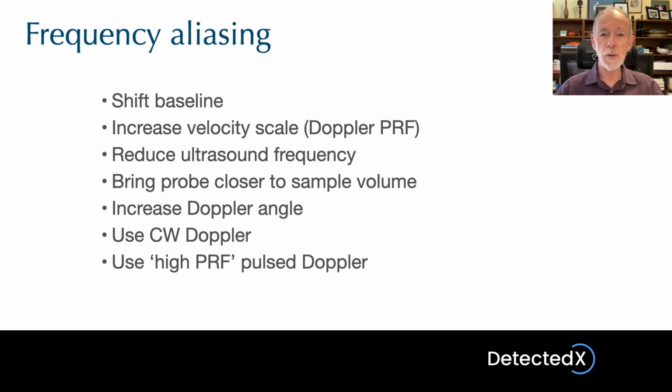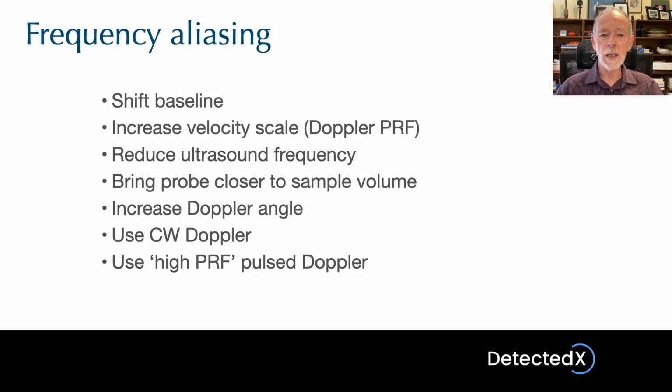You may be able to do this by using a different window into the tissues. Or, of course, you may achieve it by using an invasive probe. For example, using a transesophageal probe to look at the heart. If you are closer up, the machine can use higher PRFs, and therefore it can have a higher velocity scale.